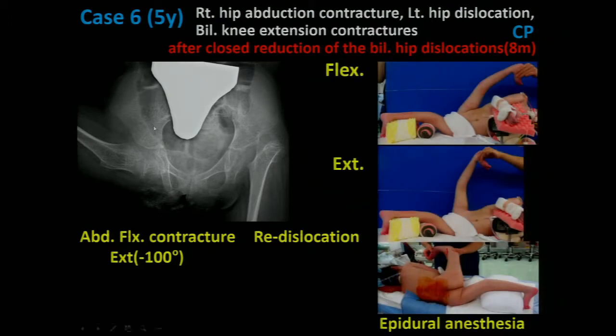At the time of right hip surgery, you can see the hip was hyperextended, in flexion and extension. So it's difficult to hold the body. So under epidural anesthesia, somebody must hold the leg.